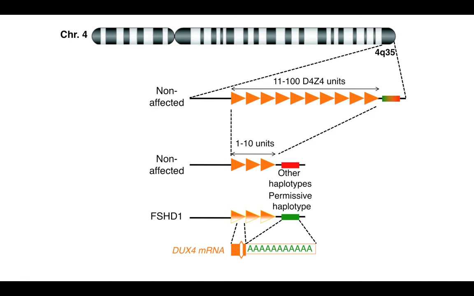DUX4 is a transcription factor, meaning that it encodes a protein that can in turn turn on other genes. For the most part in adulthood, DUX4 is quieted. It may have a role in development, meaning that it may be important when we are a fetus, but gets turned off when we become adults.